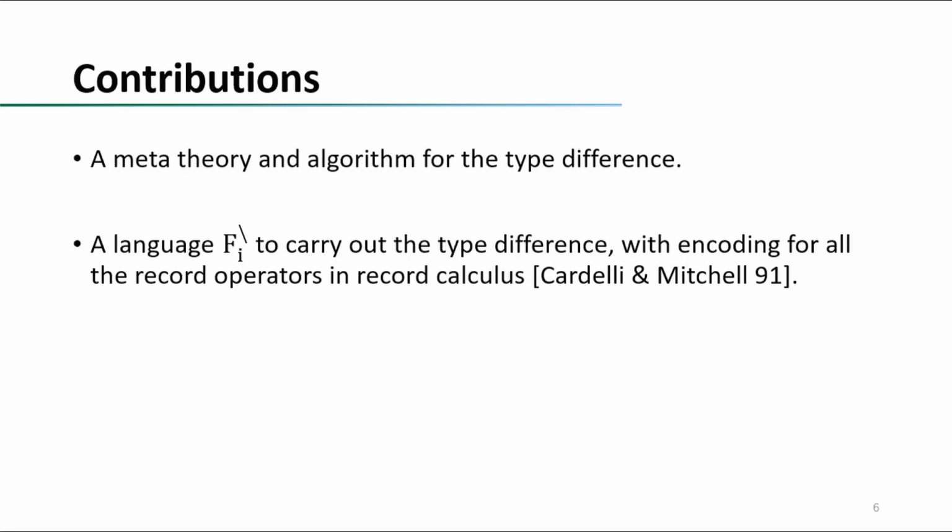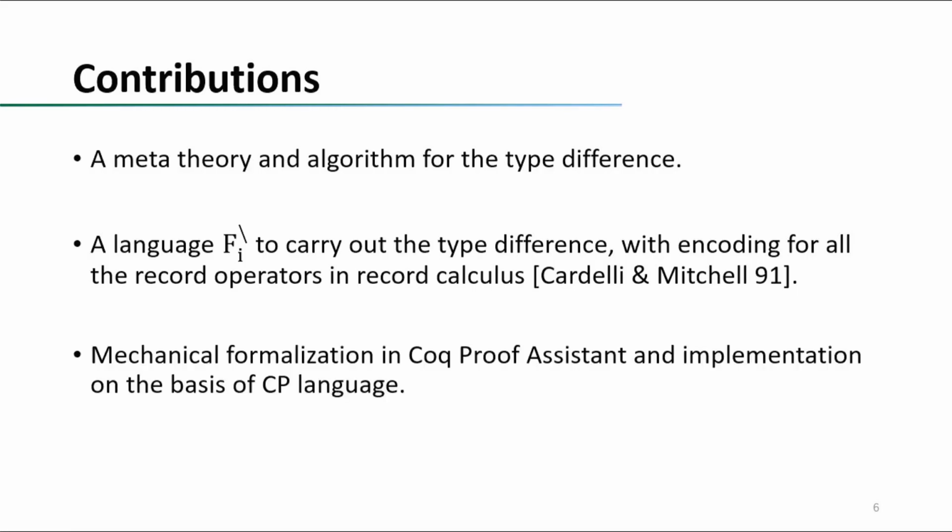The language is practical itself, but again, we will show the expressibility and the correctness of our generalization by encoding all the record operators in the record calculi. After that, we will provide proofs for all the properties of the type difference and the language. And we will also provide an implementation of the language based on elaboration into a low-level language. And that is all about our work.